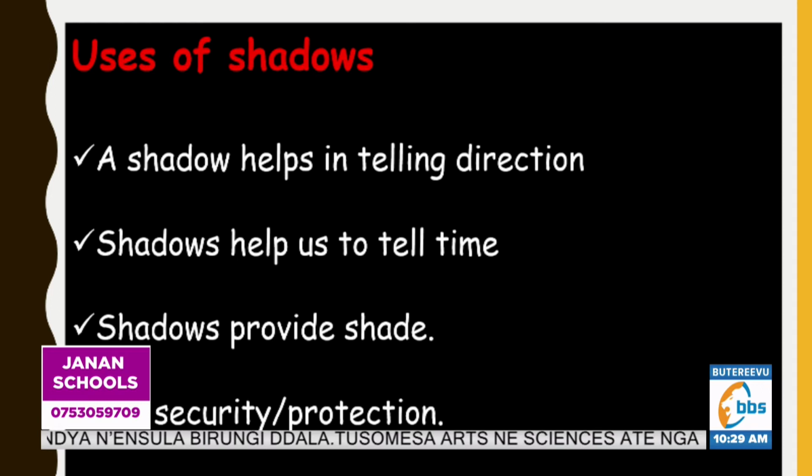They provide shade. They can also be used for protection. If you are hiding somewhere, once you see shadows, you become alert. You should know that someone or something is moving around, and you get ready for that thing which is moving around. So those are the uses of shadows.